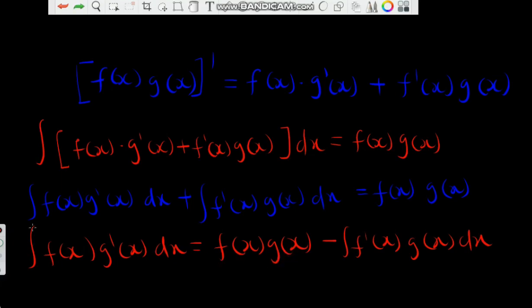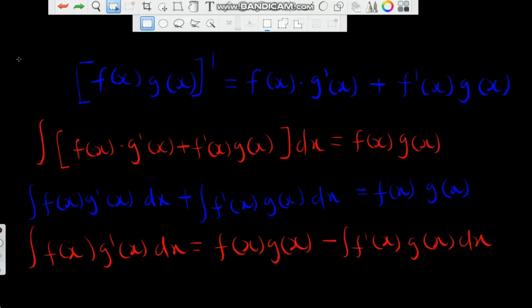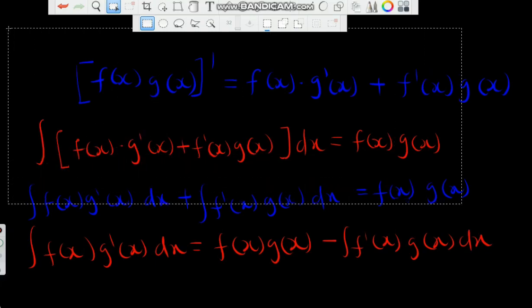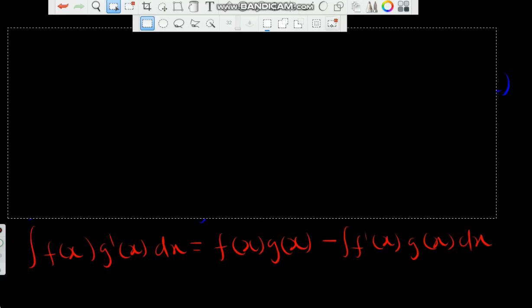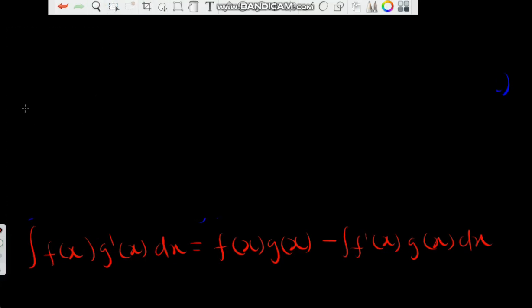From here, let's look at what we can do. We can actually simplify this formula. We can represent this with some variables. So from here, I can say let f of x equal u, and let g of x equal v.